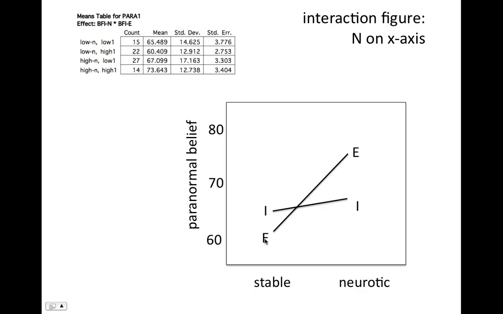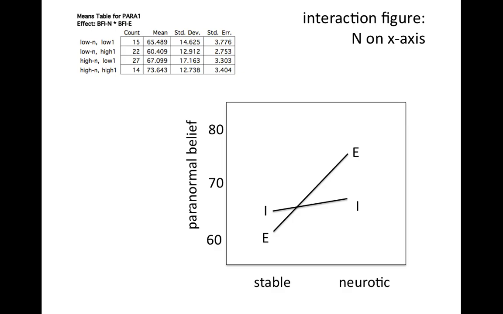And so what we have here are the 4 means from the table in the upper left, and I've labeled them as extroverted and introverted, and that's one way to make this figure.